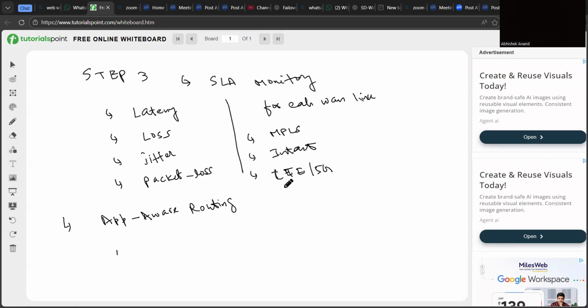So Teams voice and video is sent via the lowest latency and jitter path.